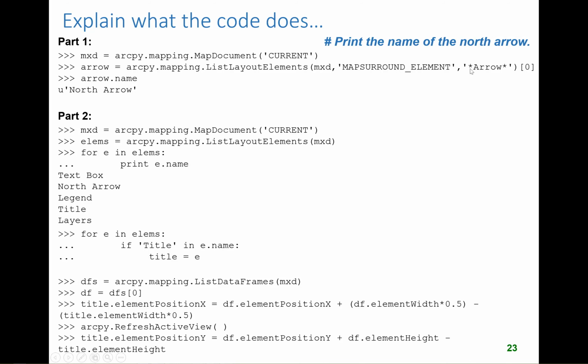Then we use a wildcard to find any element that has the word arrow in the name at any position. Next, we index into that list to get the first item that has qualified. We probably know that our north arrow is the only element in there that is named with an arrow in it. We print out the name and we find north arrow.